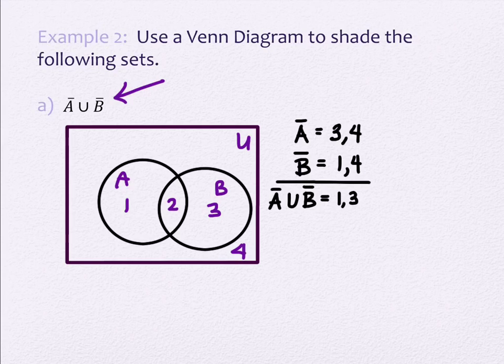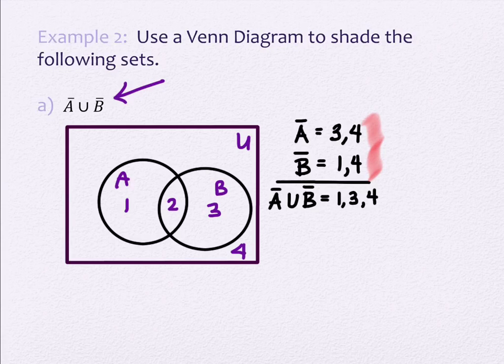I didn't mean A or B or both, A complement or B complement or both, the ones that I'm referencing. 1, 3, and 4, right? Okay, and I'm using this piece right here to make that determination. I just look up there and I say, oh, I'm going to include everything because it's a union. Everything in A complement and B complement, each of the individuals, which is 3 and 4 and 1 and 4.